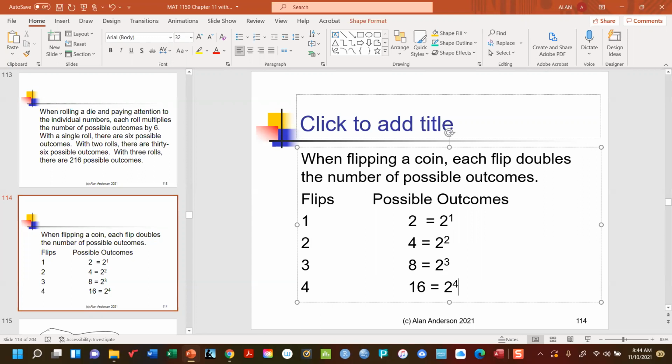Okay, so that's the pattern. It's just 2 to the exponent, where the exponent is the number of flips, and that's because there are only 2 possible outcomes.